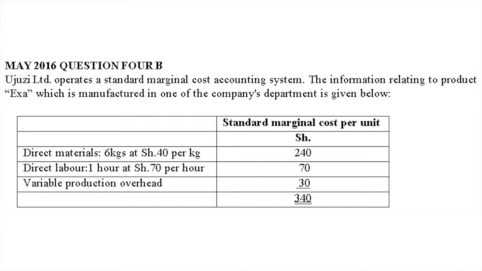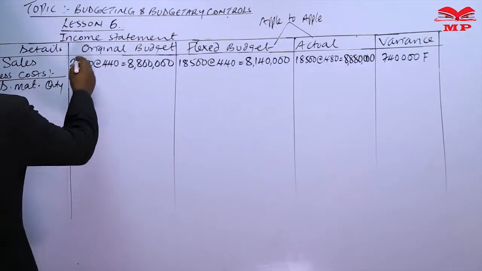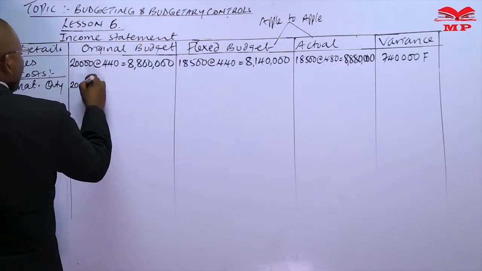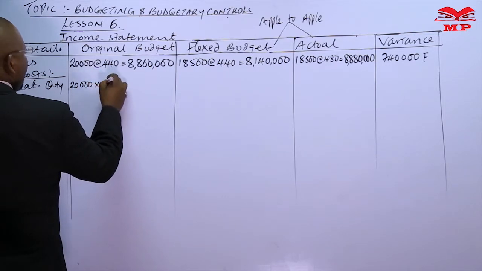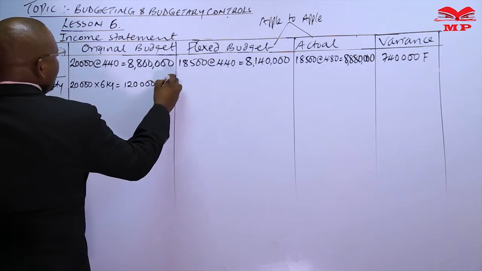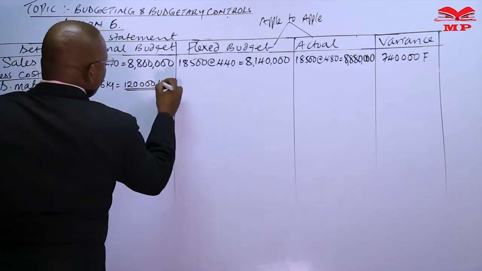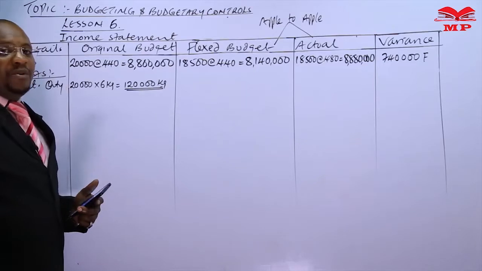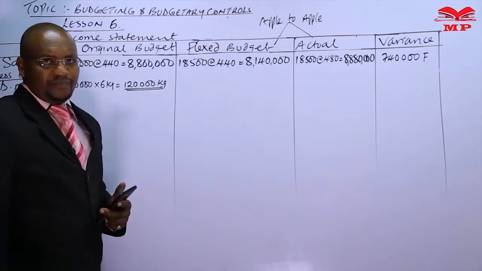standard cost card, direct materials were 6 kgs per unit. Meaning, we were to produce 20,000 units and each unit takes 6 kgs. This is 120,000 kgs that we are budgeting, and I'm double-lining because it was just mere information.